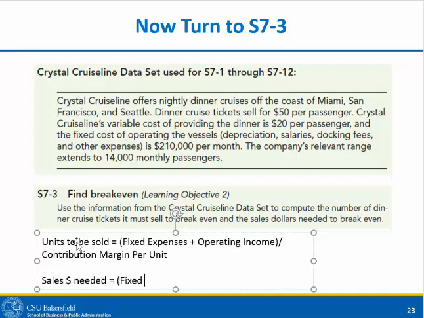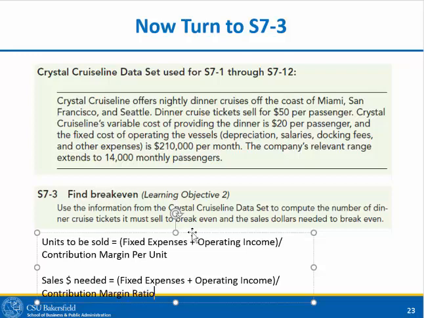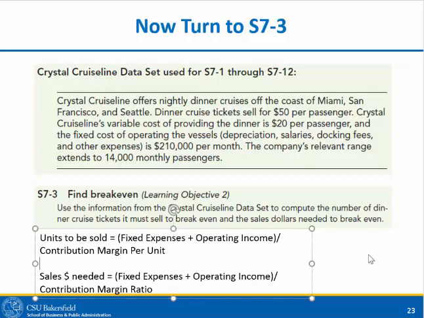It's fixed expenses plus operating income divided by contribution margin ratio. So these are the two formulas we're going to use. They are exactly the same formulas we have used in the prior examples. So we're going to use them again in this question here.